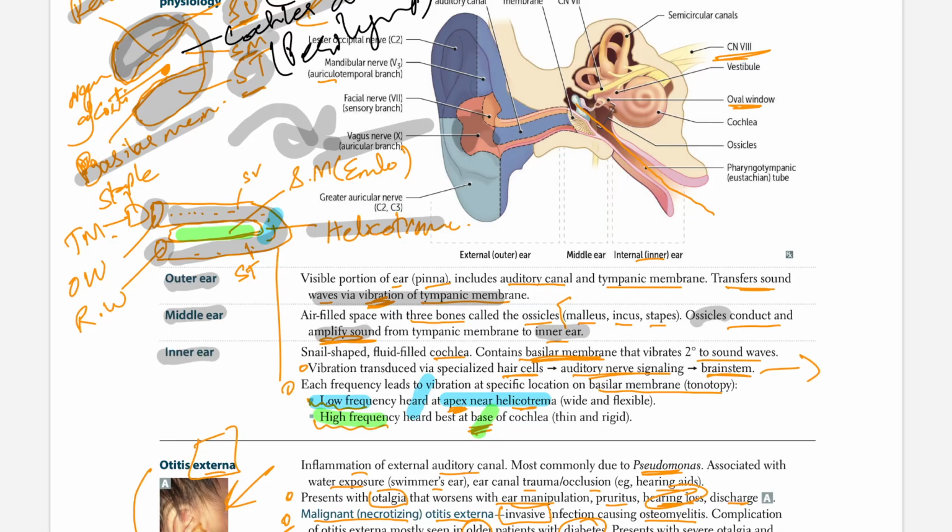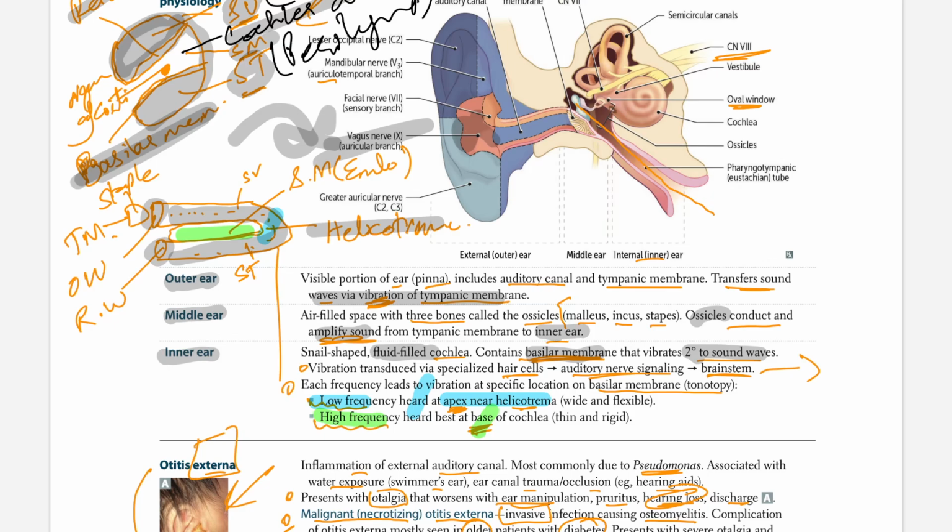Inner ear has a fluid film. What are the two fluids it has? It has perilymph and endolymph. A basilar membrane vibrates secondary to sound waves. So this basilar membrane we talked about here is going to vibrate. And now we will read next that it has hair cells, and the tectorial membrane is going to shift, but we will talk about that.